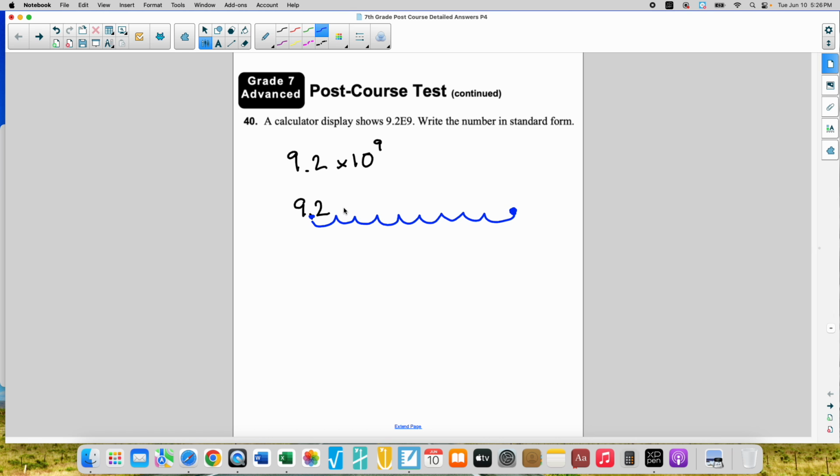And each loop represents a 0 or a 10 when you multiply it by 10. So my number is 920. So we have 1, 2, 3, 4, 5, 6, 7, 8 zeros.